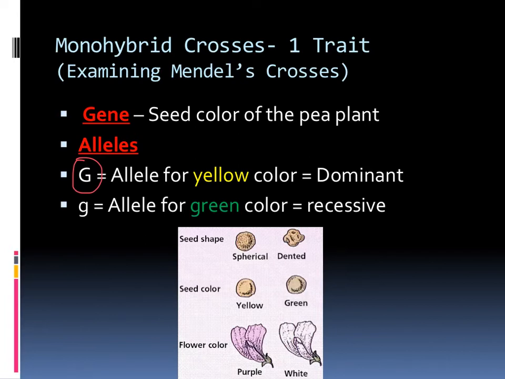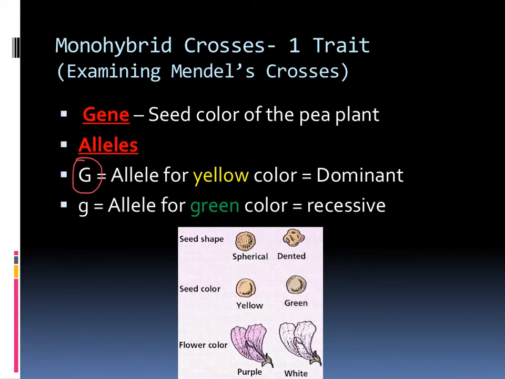So yellow is the dominant color. Lowercase g is the recessive. A lowercase letter is always representative of the recessive allele. So in this case, it's going to stand for green. Now, there's other traits that he looked at, but again, we're focusing on just one trait.